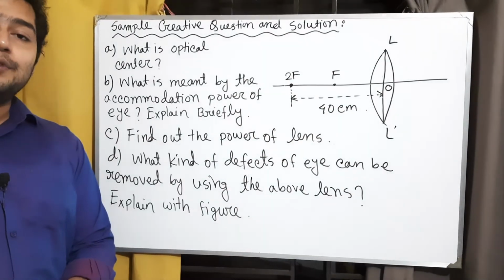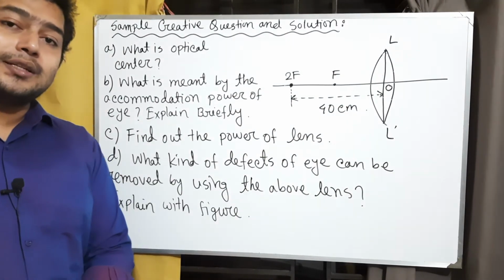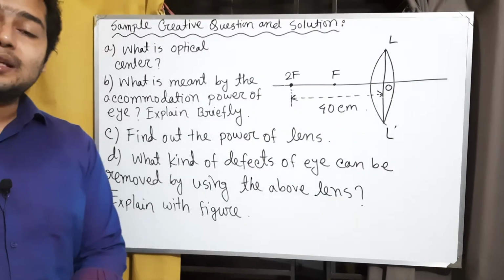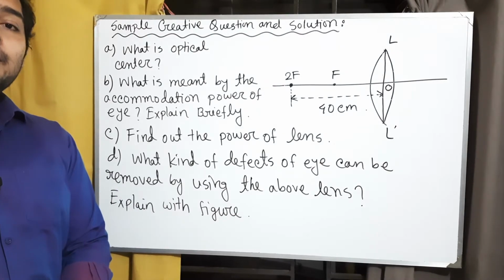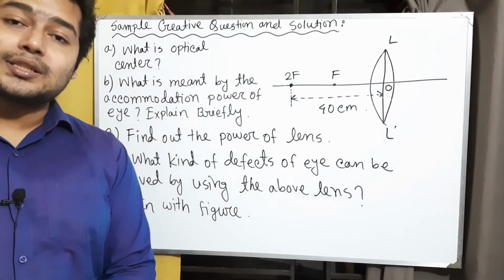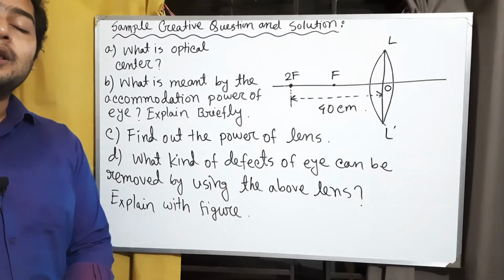Explain with figure. You know that we have two types of defect. One is myopia and another is hypermetropia. Myopia or short sight and hypermetropia or long sight.